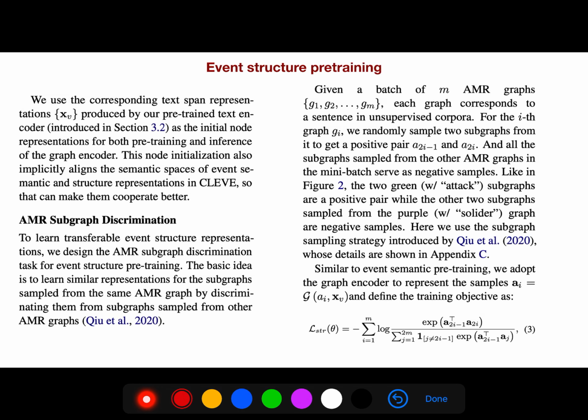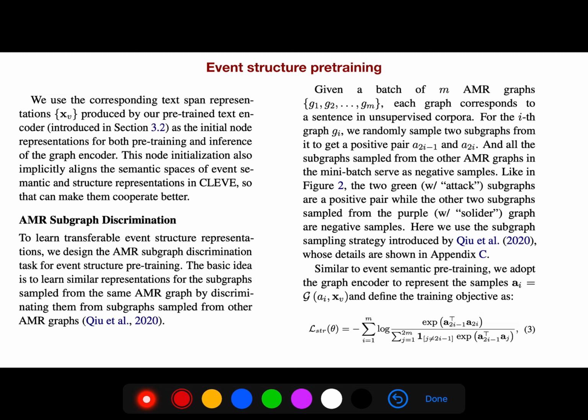Given a batch of AMR graphs, each graph corresponds to a sentence in the unsupervised corpora. For each graph, we randomly sample two subgraphs from it to get a positive pair. And all the subgraphs sampled from other AMR graphs in the mini-batch serve as negative samples.